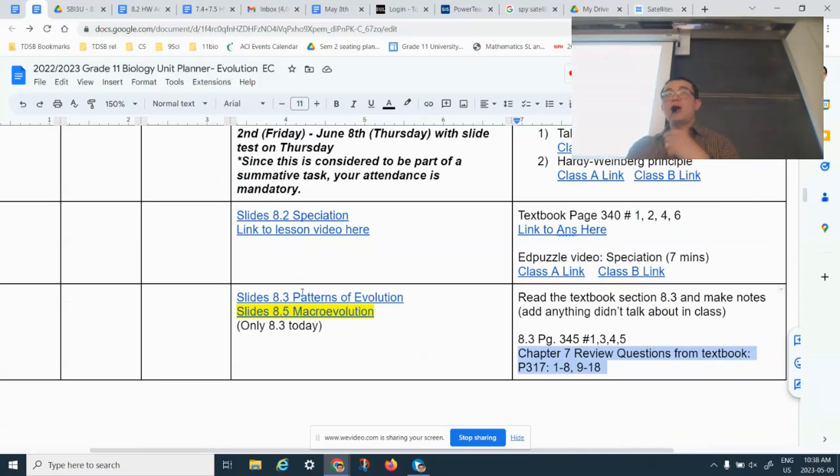So today we're going to be talking about the patterns. Based on these mechanisms, what do we see? What kind of evolution do we see? We're trying to make sense of it. Basically, there are 3 different patterns of evolution that we're going to be talking about today. So let's get going.